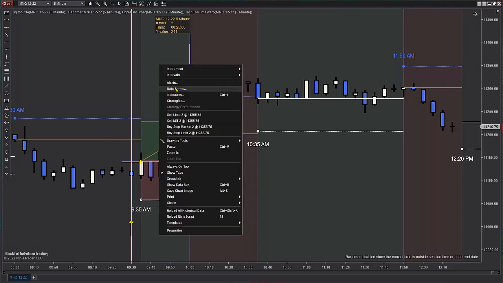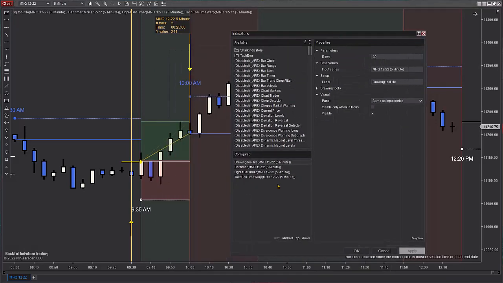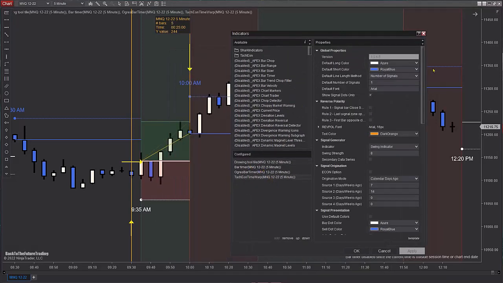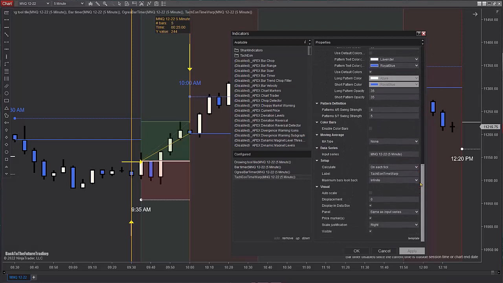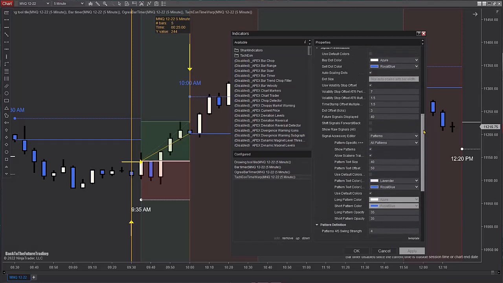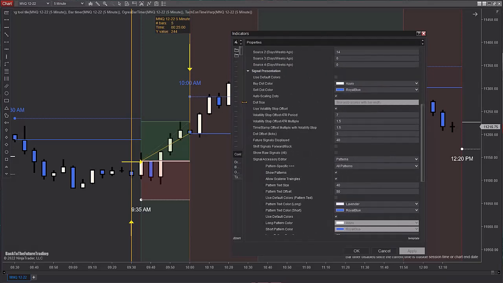Let me just show you folks how that stop loss is arrived upon and quantified. TimeWarp does it for me. So if we scroll down the parameters, we will see the volatility stop offset ATR period is 7, and you can make that whatever you want.